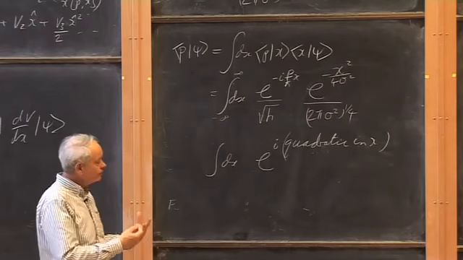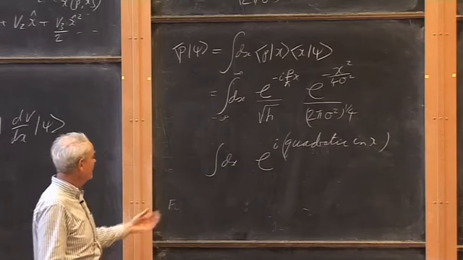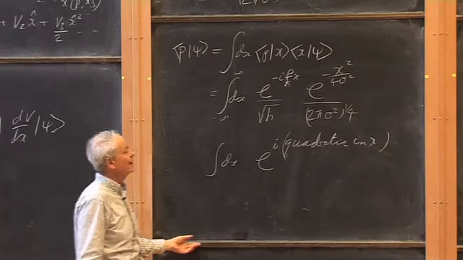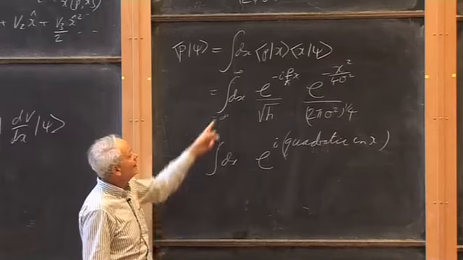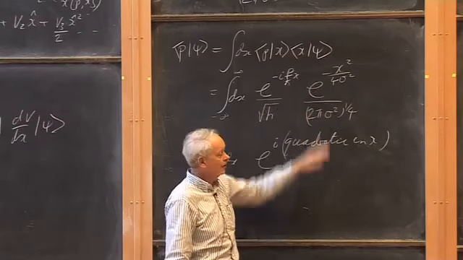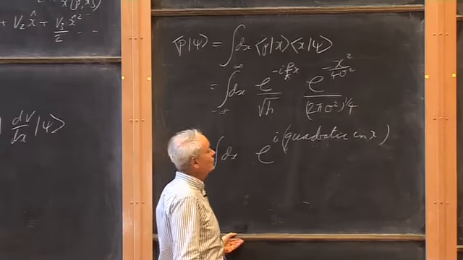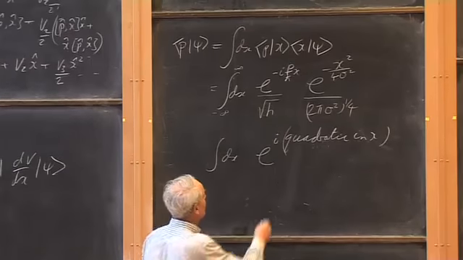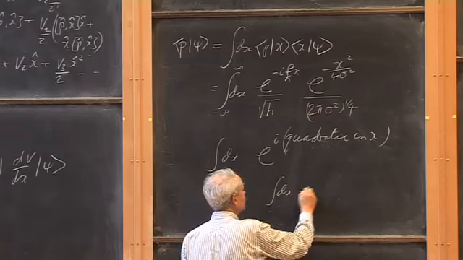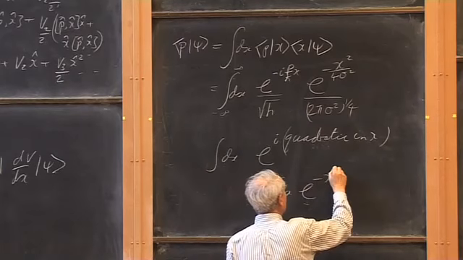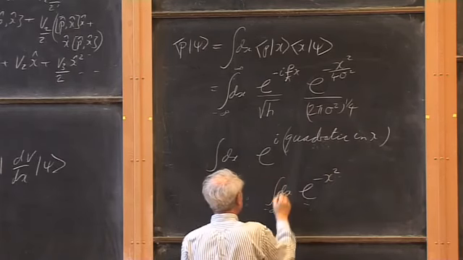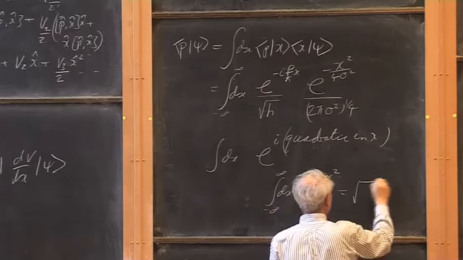You complete the square, change your variable of integration, and use the standard result that the integral dx of e to the minus x squared from minus infinity to infinity is the square root of pi.